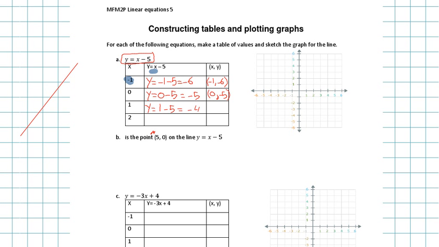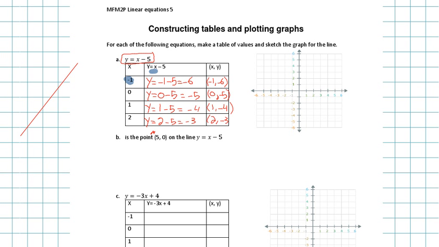So what's my point here? 1, -4. The last one would be 2. Y equals 2 minus 5, which is -3. So my point is 2, -3.